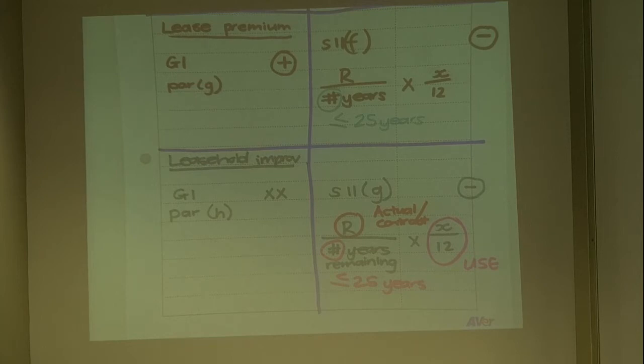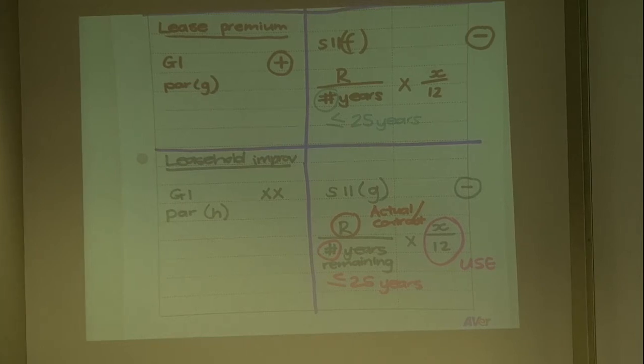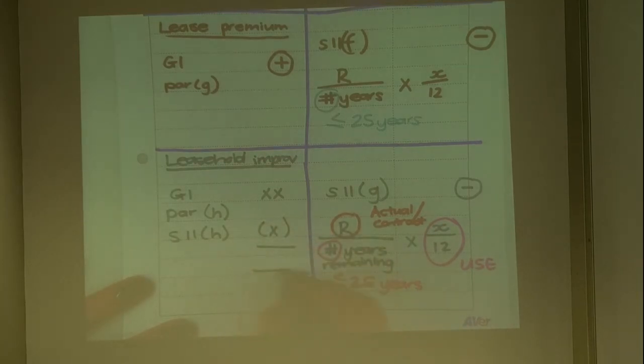Okay, so that is what Section 11H does. It says, yes, put the full amount in gross income, but then we're going to give this lessor some relief under Section 11H. And we're going to give them a deduction under Section 11H. So they include the full amount into gross income, but then they get a deduction under Section 11H.